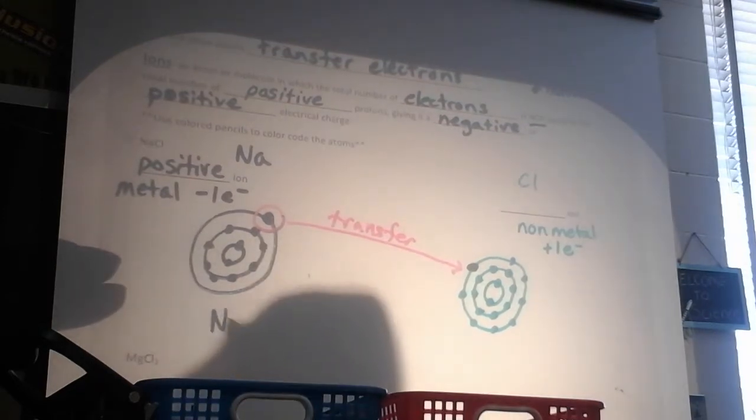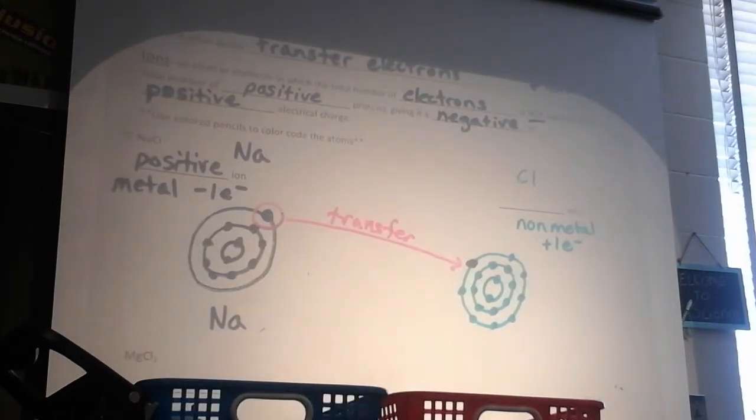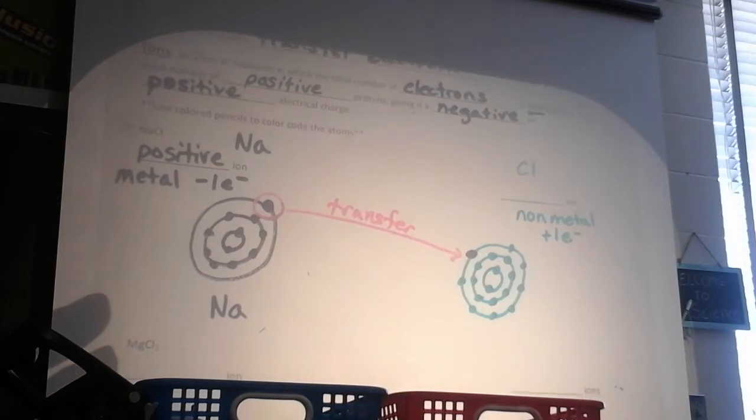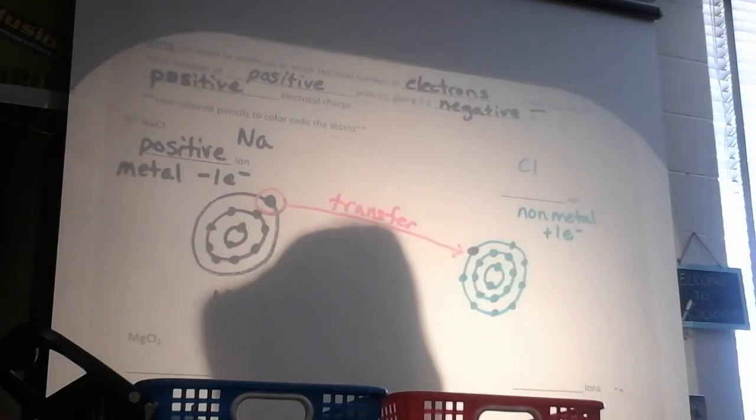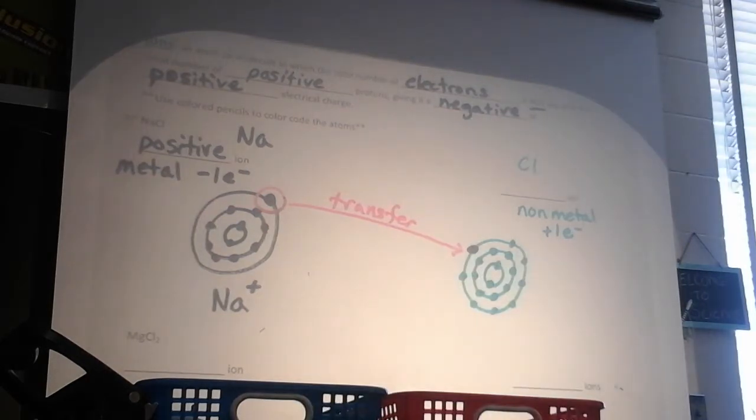And now, because it's an ion, we have to write it a new way. Guess how we have to write it? We have to give it a superscript. Oh, that's what was on the homework. So now it gets a plus sign because it's a positive ion. Yes, putting it together.